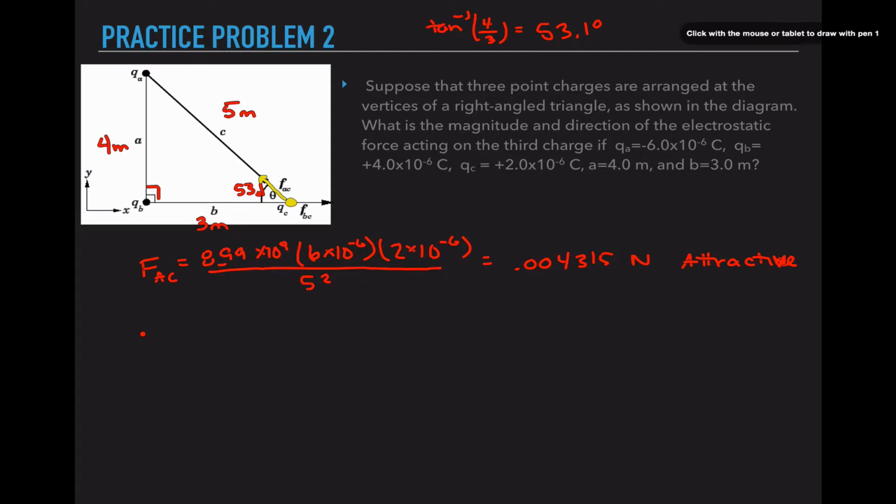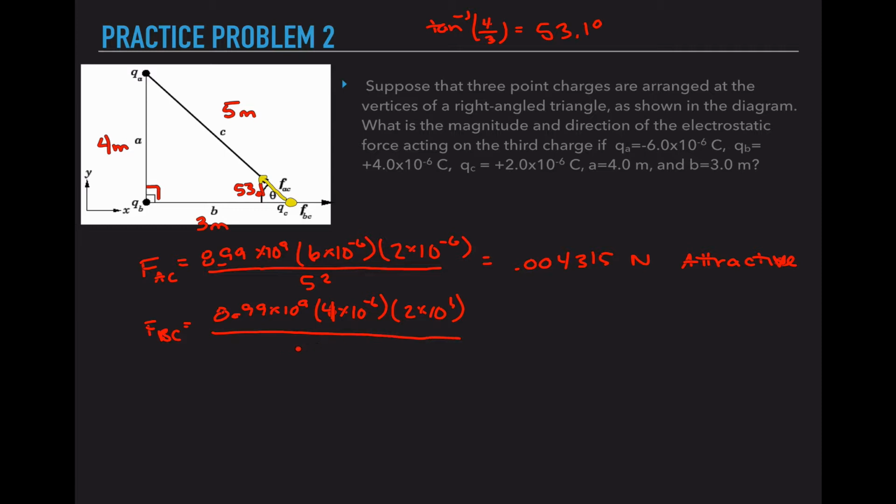Okay, now I'm going to do the same thing for the force of B on C. 8.99 times 10 to the 9th, that's 4 times 10 to the -6 times 2 times 10 to the -6, all over 3 squared. And math that through, and I have a value of 0.00799 newtons.